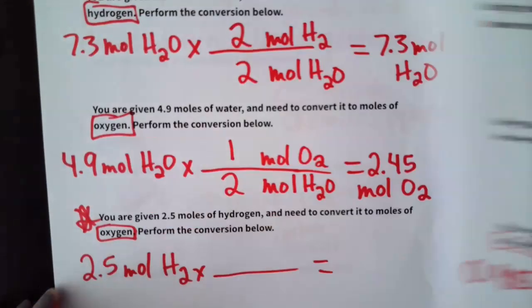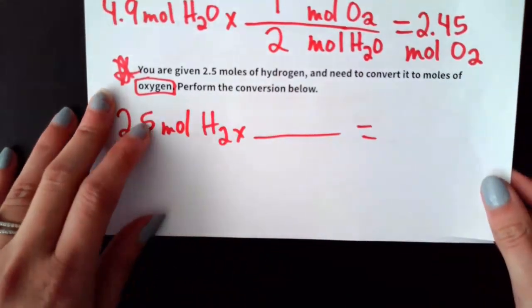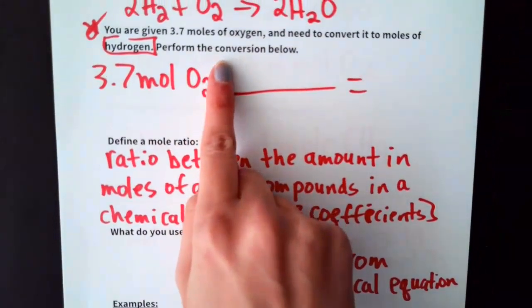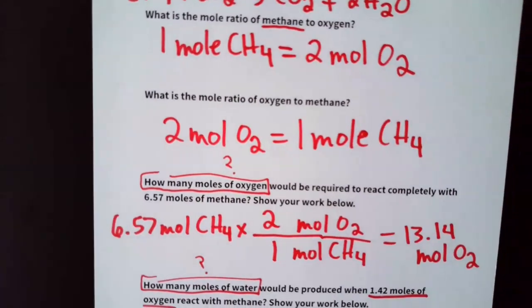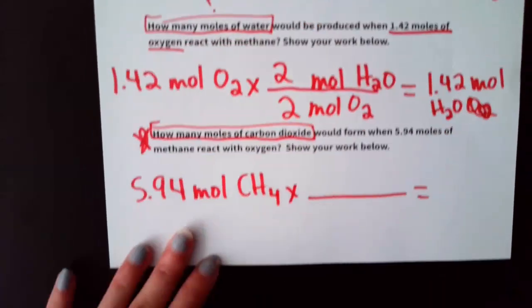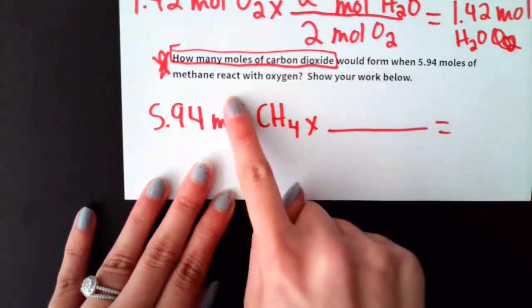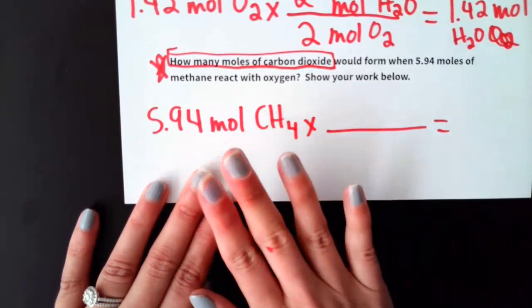You are given 2.5 moles of hydrogen, need to convert it to oxygen. You're given 3.7 moles of oxygen, need to convert it to hydrogen. And then how many moles of carbon dioxide would form when 5.94 moles of methane react with oxygen. Those are what you are responsible for.